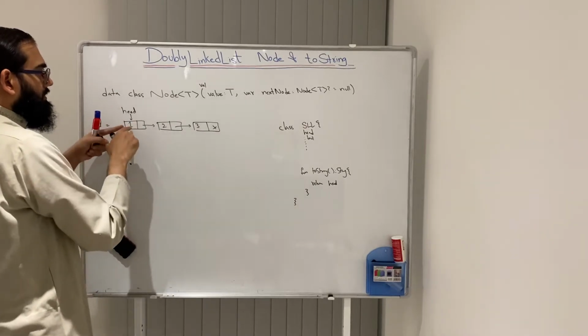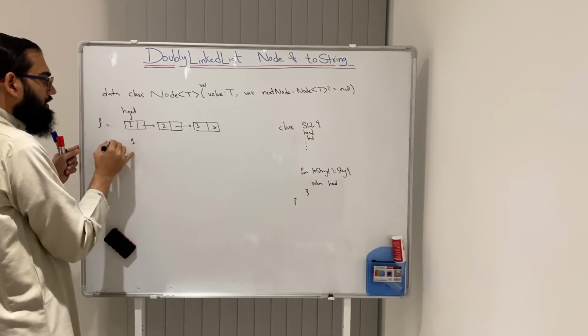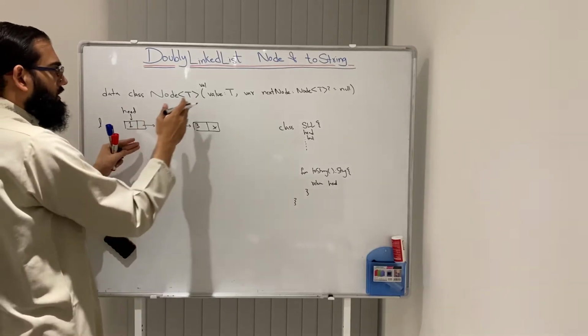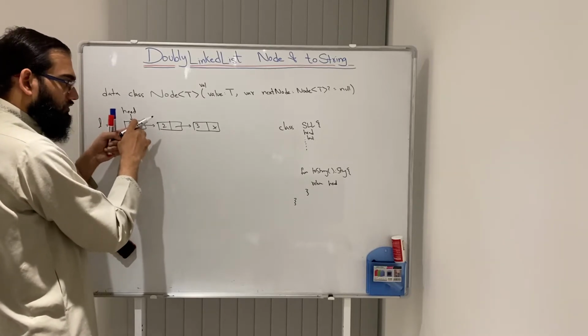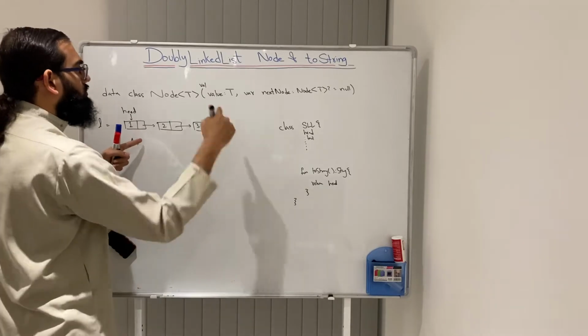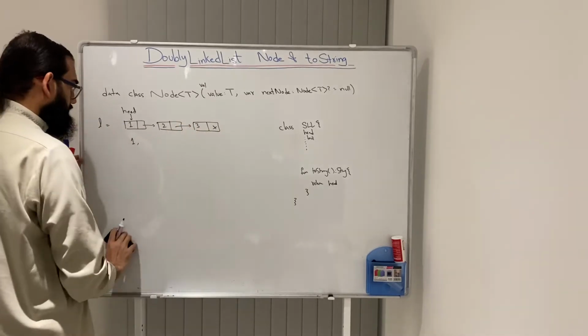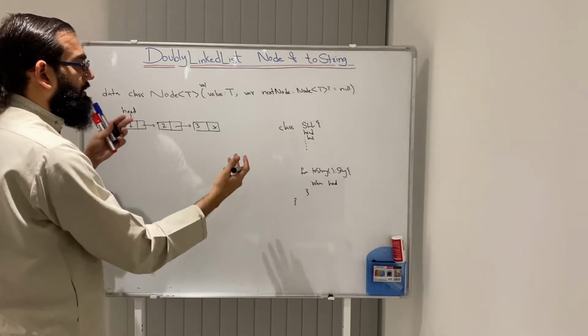In that toString, for head it will print the information for node 1, then on the next node, head dot next, it will call that next node's toString method again. So it's a recursive implementation by default.